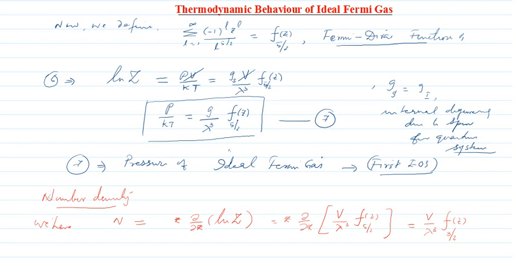And how did this come? We have applied a recurrence relation for the Fermi-Dirac function. This is an identity.